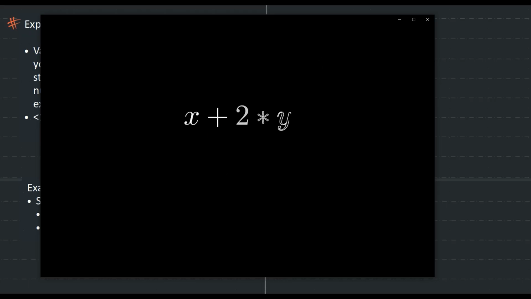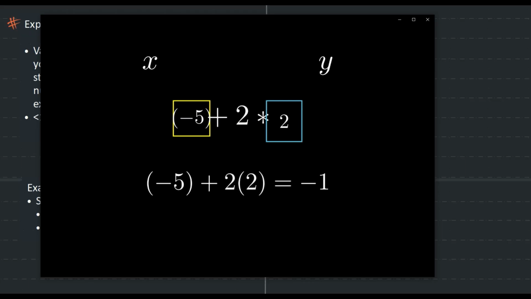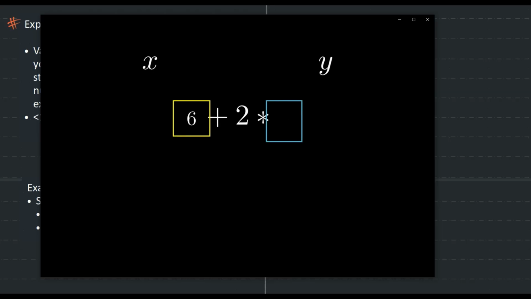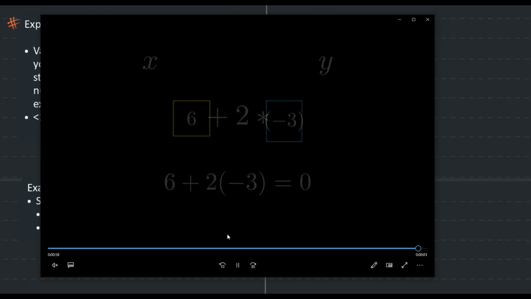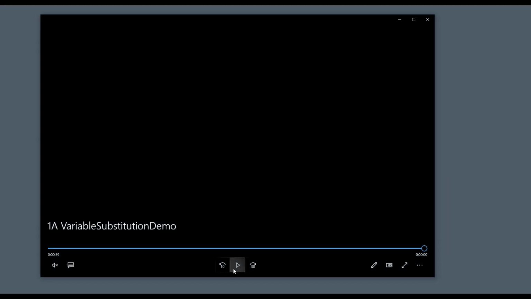Same funda, x and y can be substituted with positive or negative numbers. Like here it's minus 5, and for y, you can see that it's some other number. That's why x and y are not the same. Right? And so on and so forth. So let me replay the entire thing one last time.